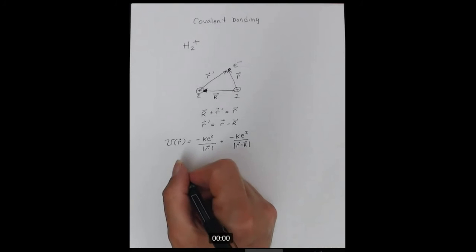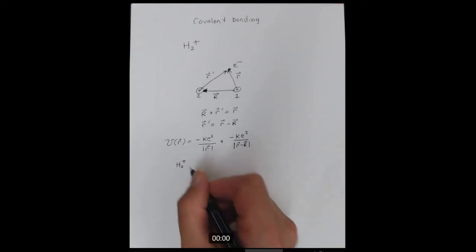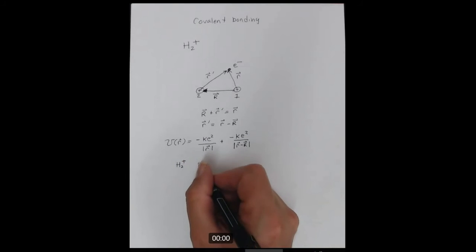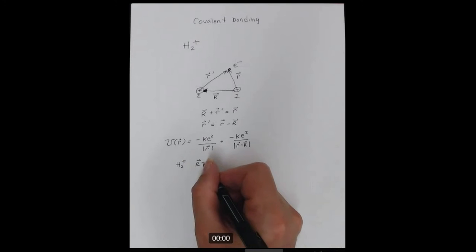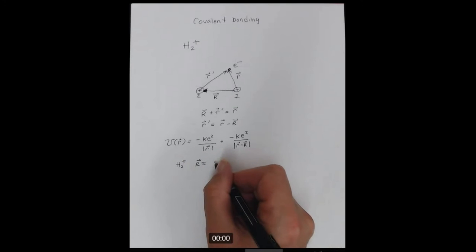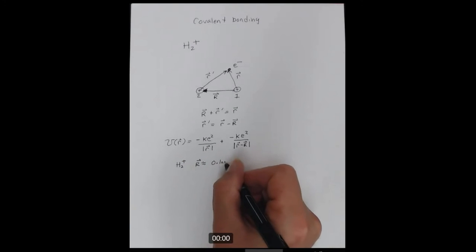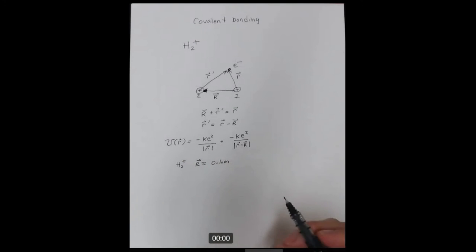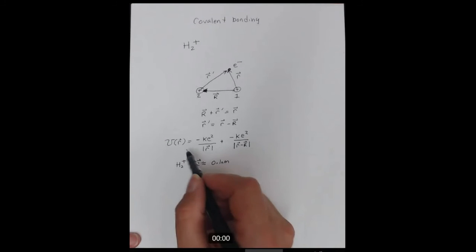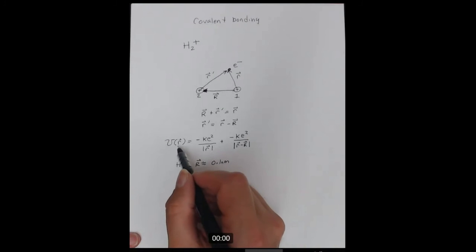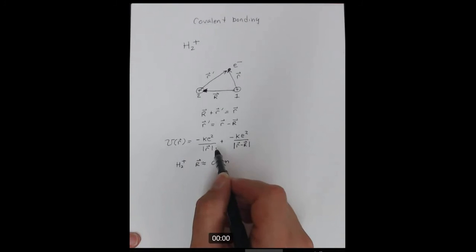By the way, for H2+, big R is approximately, at least at equilibrium, 0.1 nanometer, just to give you a sense. So if you looked at a cross section, you remember this potential energy is three-dimensional.